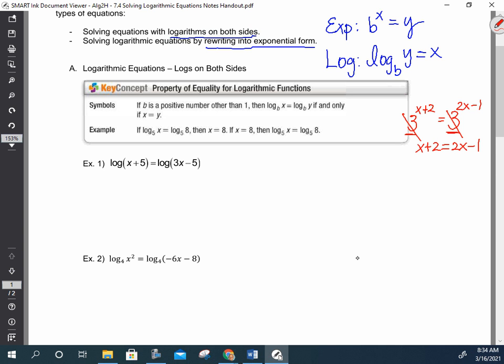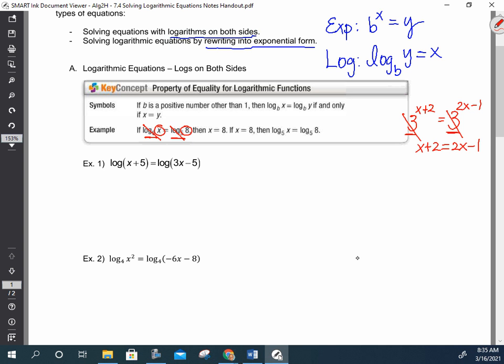That was the main aspect of section 7.2. The same exact thing works for a logarithm. If your logs have the same base, then you can cancel them out and work with whatever's left over.